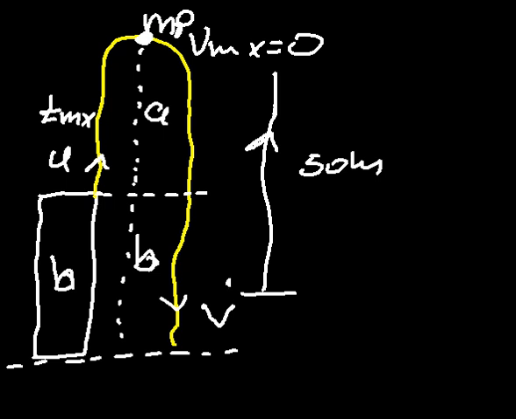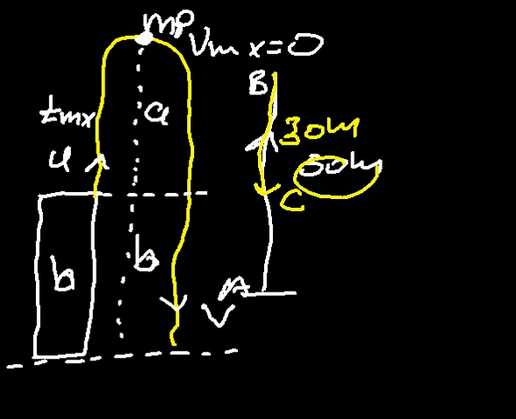Now this is a point A, and this is a point B. Assuming the object has to return back, let's say it is at this point, point C, and the object has covered about 30 meters to reach point C. So what is the overall distance for the whole entire journey? You see that we have it as 50 plus 30, which is 80 meters.